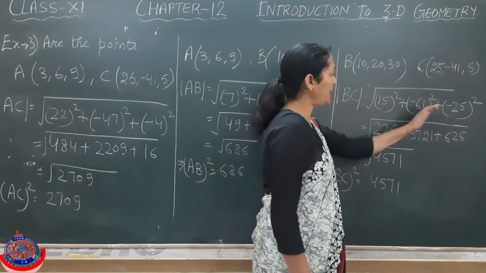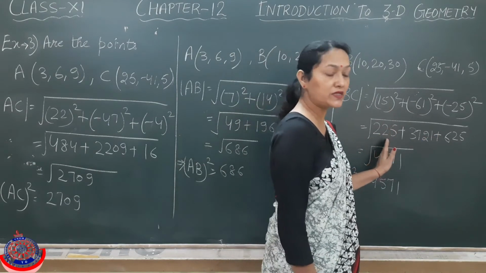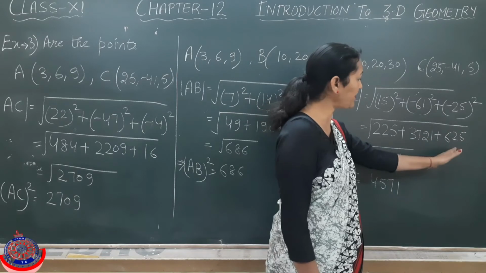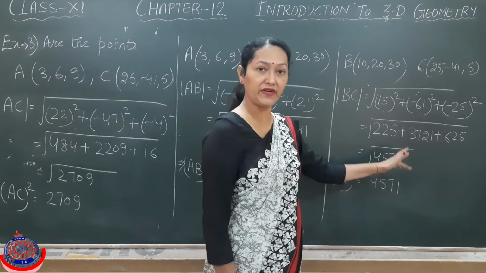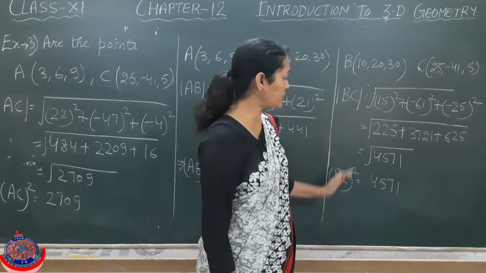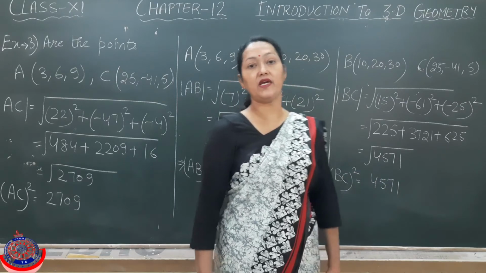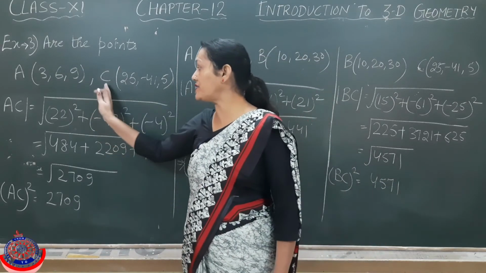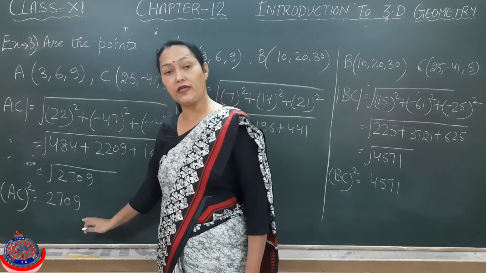Now squaring and adding these values, we have written the squares of these numbers, 15 square, 61 square and 25 square. After adding all these, we have obtained 4571 under root. So BC square came out to be 4571. In the same way, if we calculate the distance between A and C and then take its square, we will be getting 2709.